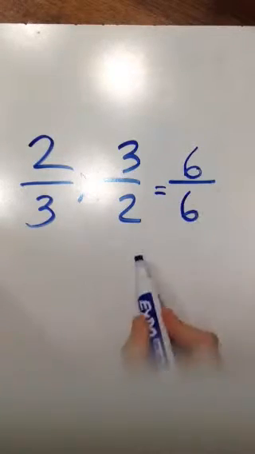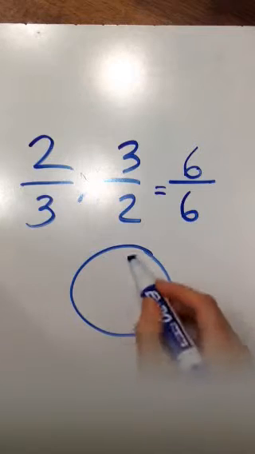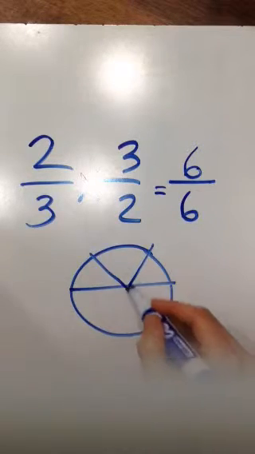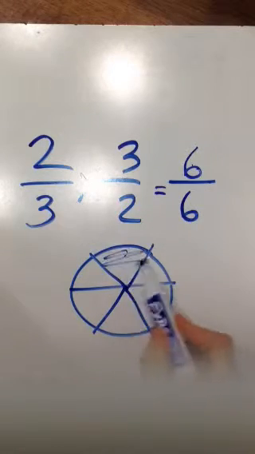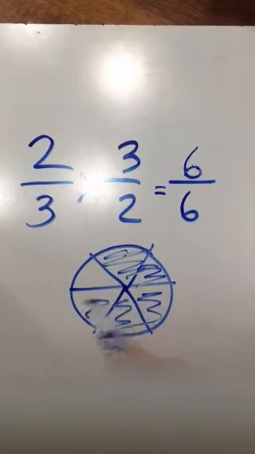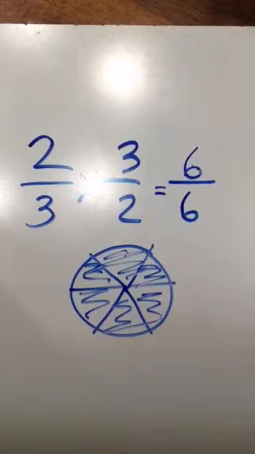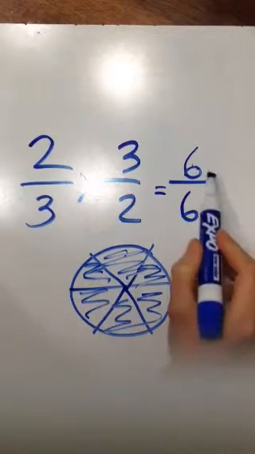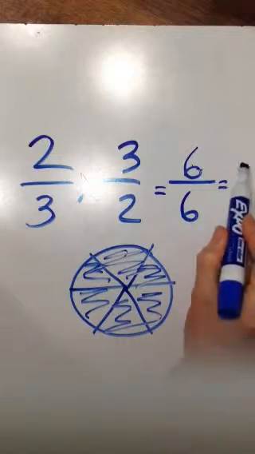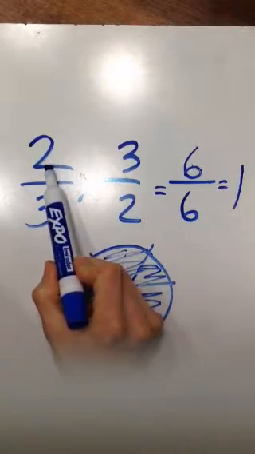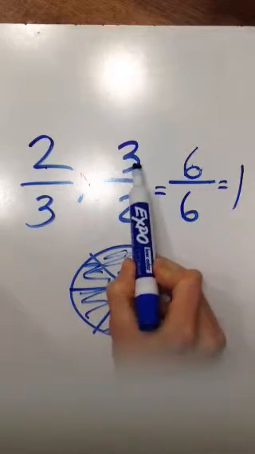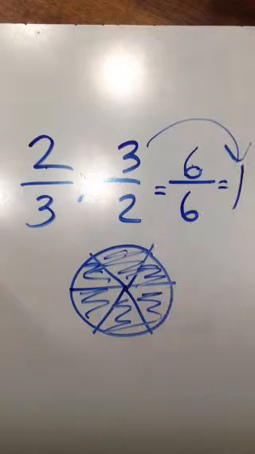And if I were to look at a pie, and I were to break it up into 6 spots, and I had 6 out of 6, what do you see happens? It makes a whole. Hopefully you can see that, 1 whole. So 6/6 equals 1. So any fraction multiplied by its reciprocal will always equal 1 whole.